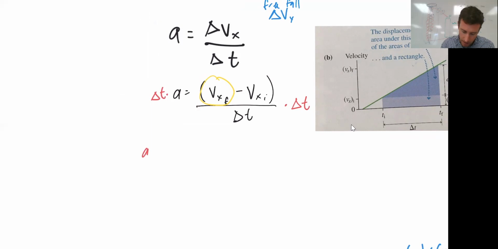That gives me a delta t equals v sub x final minus the horizontal initial velocity. And then to get this by itself, since again, this is what I'm solving for, I just need to add vxi to both sides.